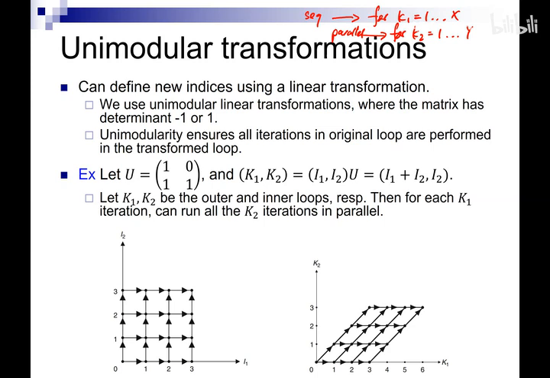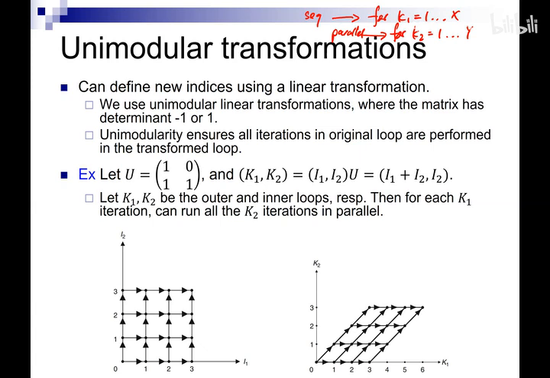That different order still needs to preserve all of the dependencies in the I graph. So once you move to the K graph, you need to preserve all of these dependencies. And furthermore, everything in the I graph you also have to do in the K graph. This is why you use these unimodular linear transformations, because they ensure that all of the iterations in the I loop get mapped onto some iteration in the K loop, so you don't skip anything.